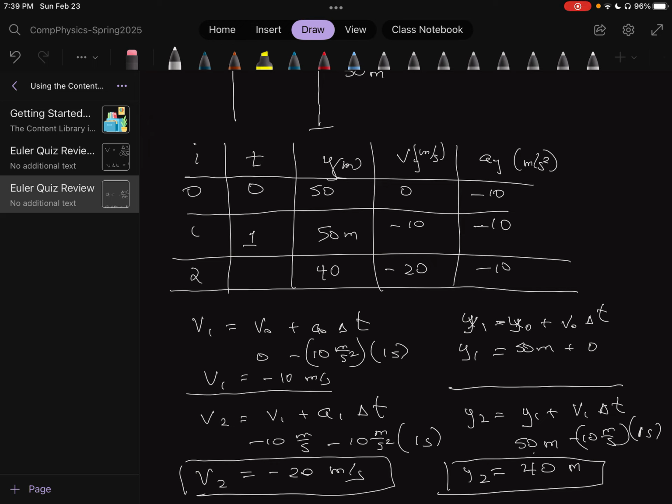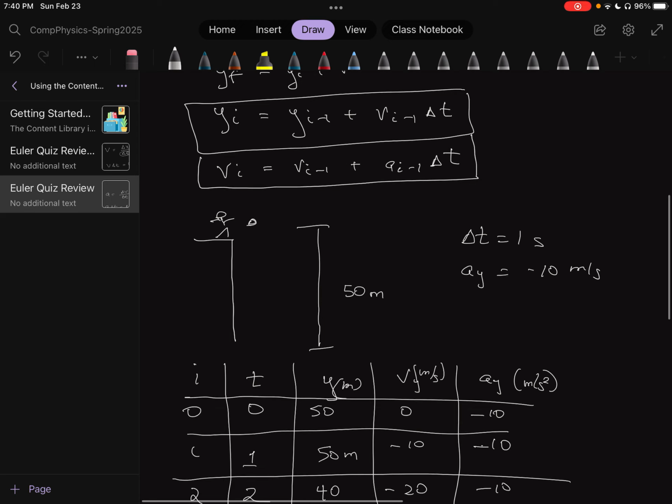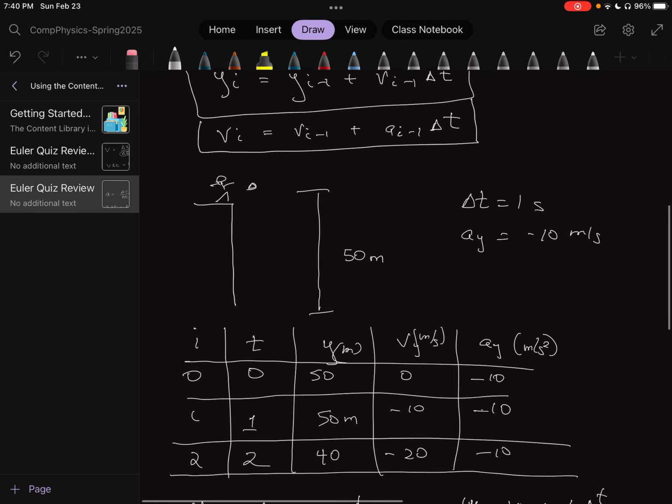And my t is going to increase by 1 second again, so it would be 2 seconds. Okay, so these are really big time steps, but just to show you how we could actually calculate by hand, using the Euler method, the trajectory of a projectile or whatever we wanted to follow.